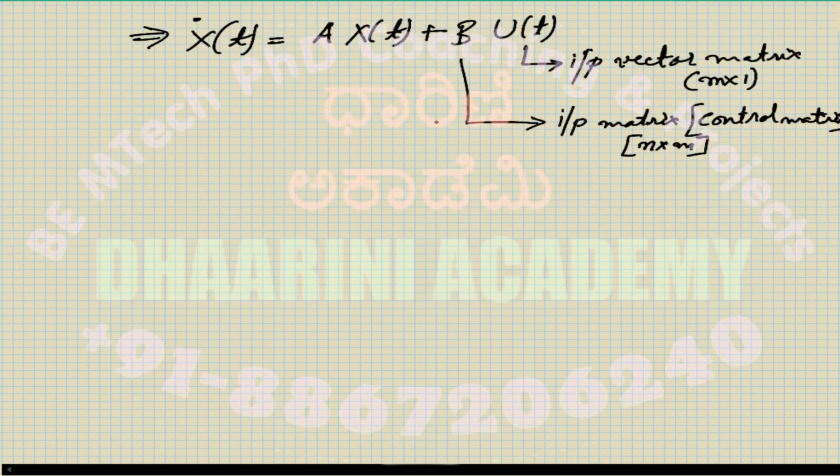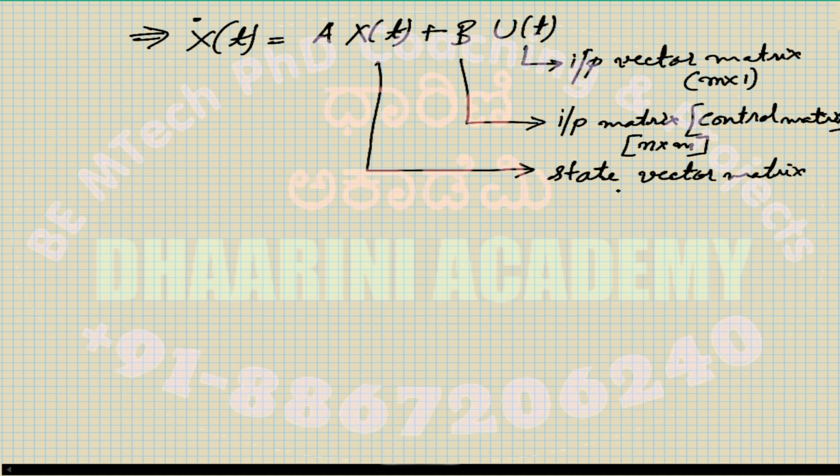Let's write what x of t is now. X of t is the state vector matrix. It represents all the states in the form of a vector. What is the size? It's n cross 1.